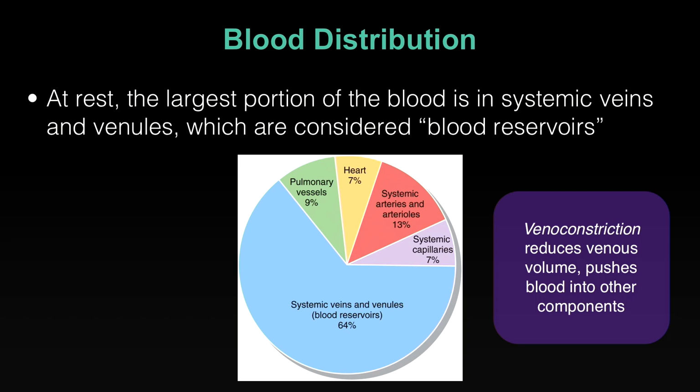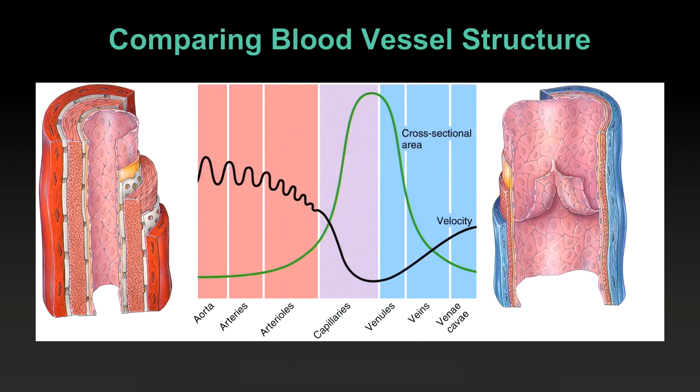So distribution of blood, and I want to bring it all together as we move into the physiology of blood flow through the veins in coming weeks. With this slide, to appreciate not only the difference in structure between the different components, but how that structure impacts function in those different components.